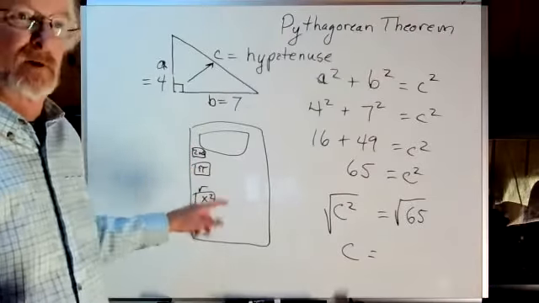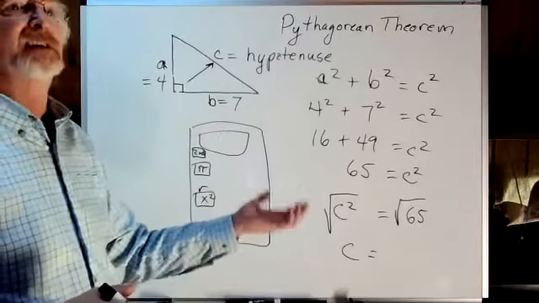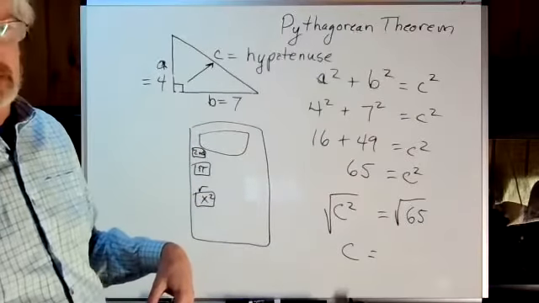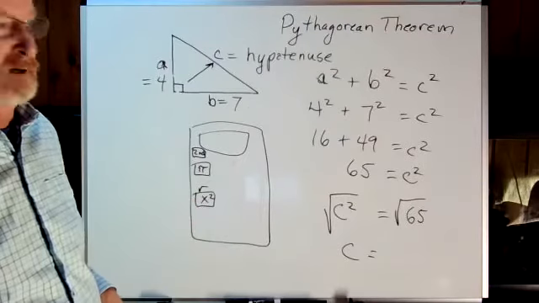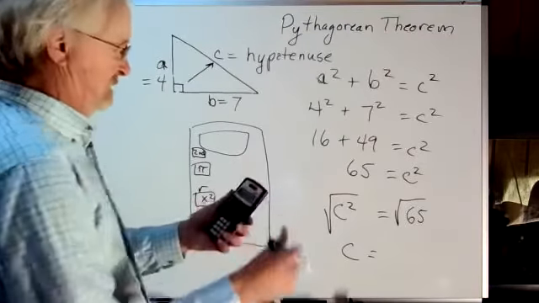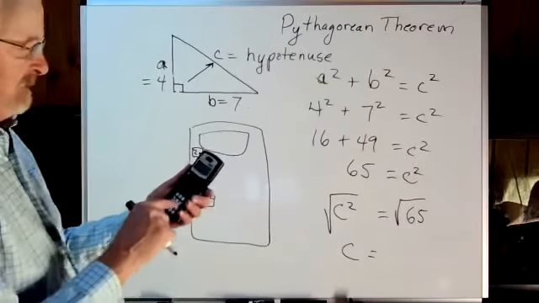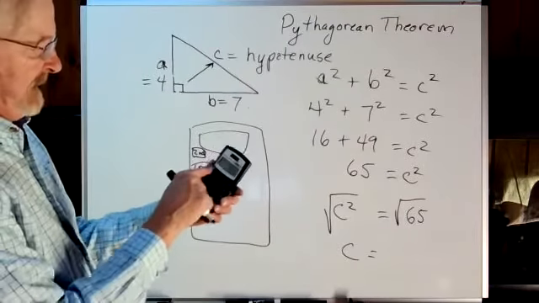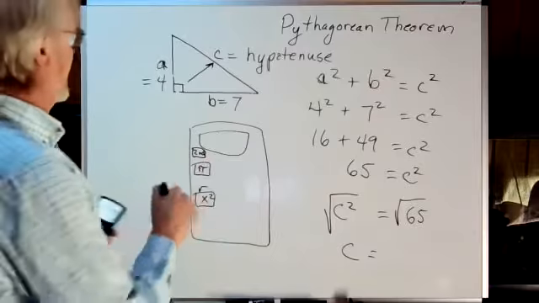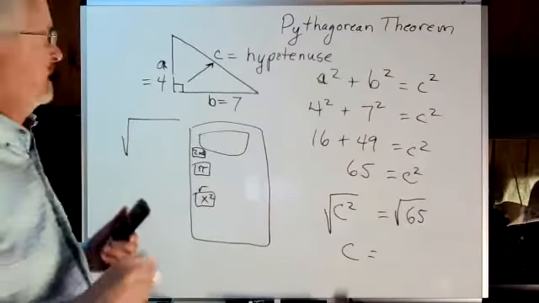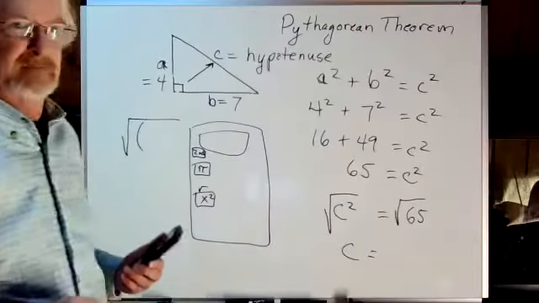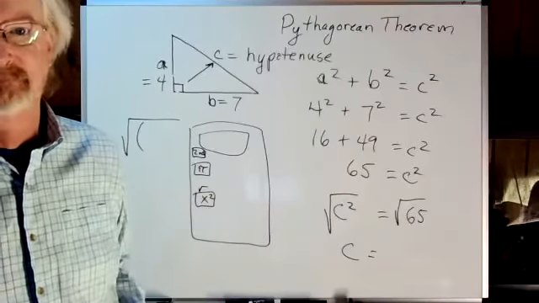It squares as the main function and it square roots as the second function. So I want to use the second function of that button. I'm going to push second square root, and it gives me a symbol that looks like the square root sign, and a parenthesis waiting for me to put in the number I want.